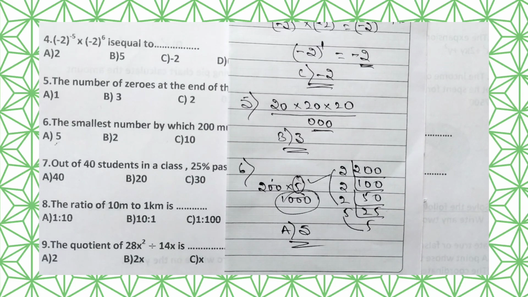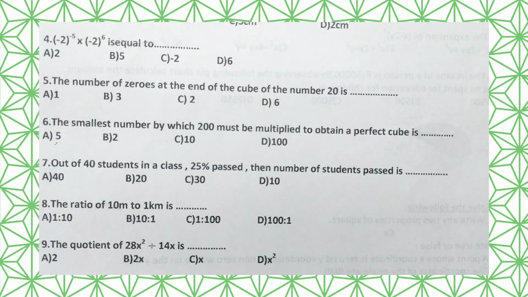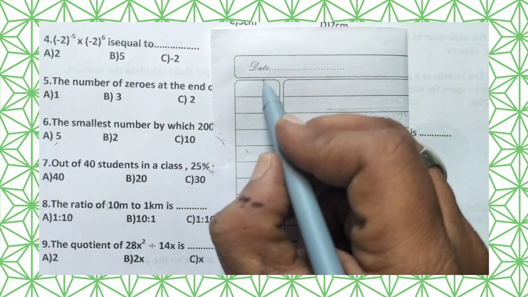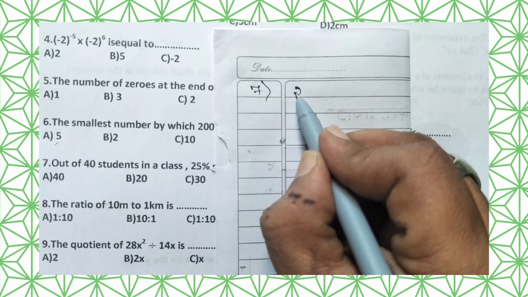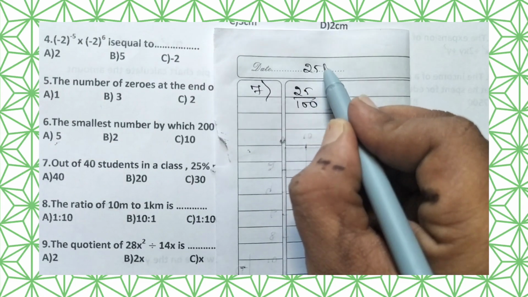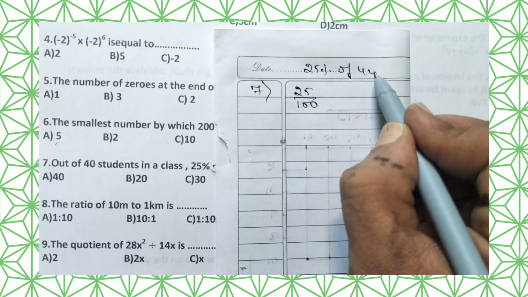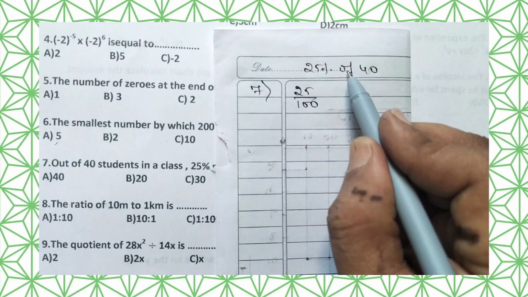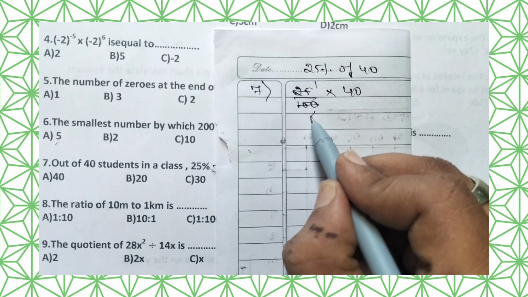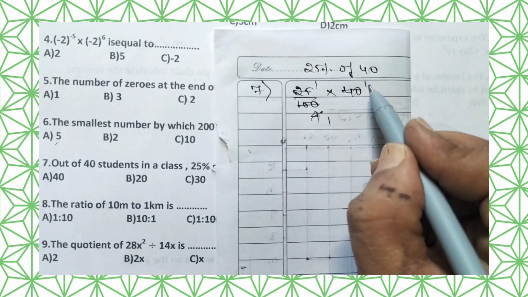Now let us move to the seventh question. Out of 40 students in a class, 25% passed, then the number of students passed is. So out of 40 students, 25% passed. 25% of 40. 25% means 25 by 100, half into 40. 25 ones 25, 25 fours 100, 4 ones 4, 4 tens 40.